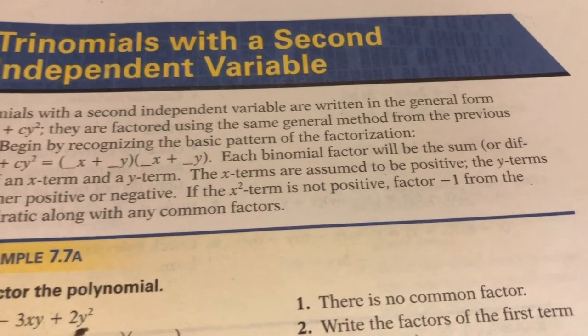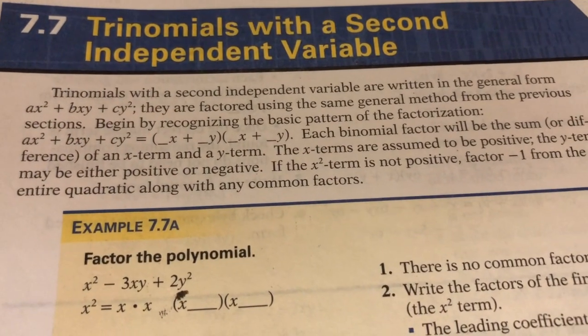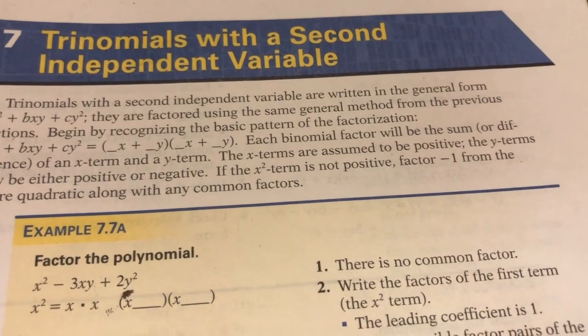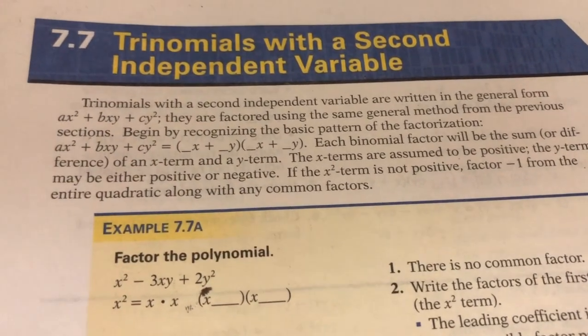They are factored using the same general method from the previous sections, beginning by recognizing the basic pattern of the factorization, which is ax squared plus bxy plus cy squared, which will equal something x plus something y times something x plus something y. Each binomial factor will be the sum or difference of an x term and a y term. The x terms are assumed to be positive. The y terms may be either positive or negative.